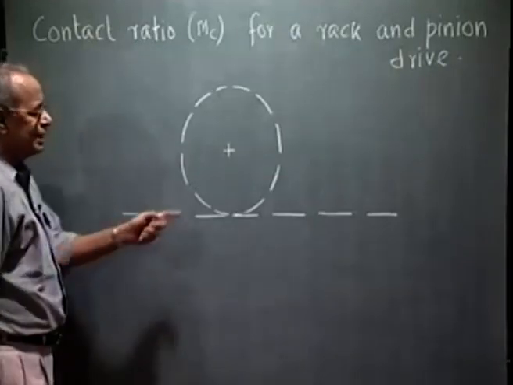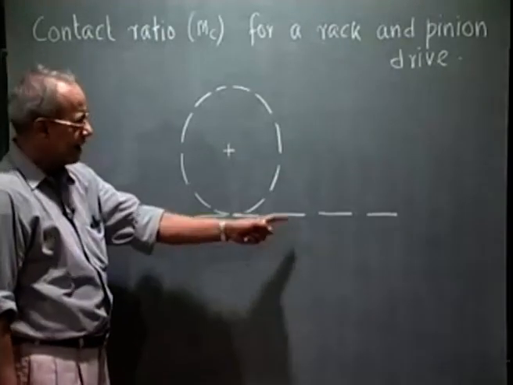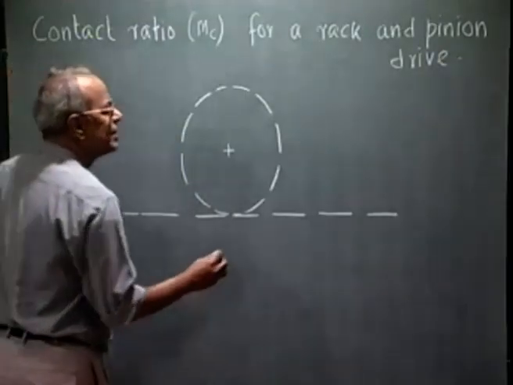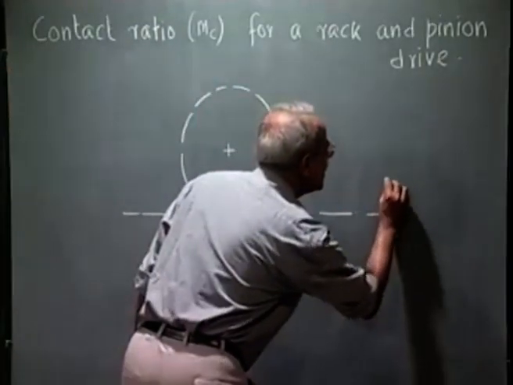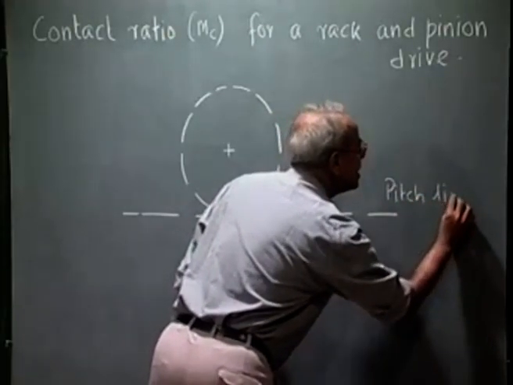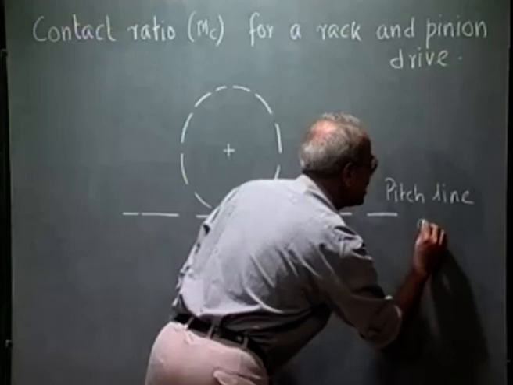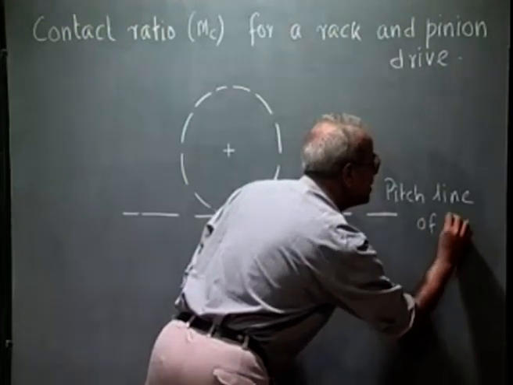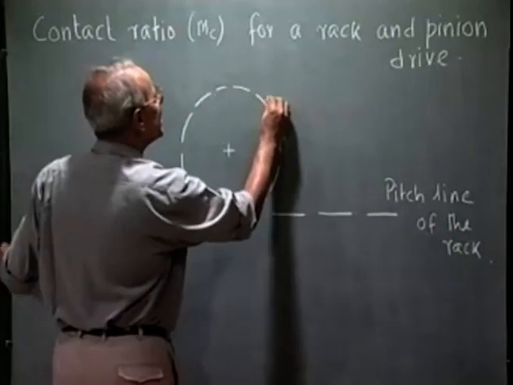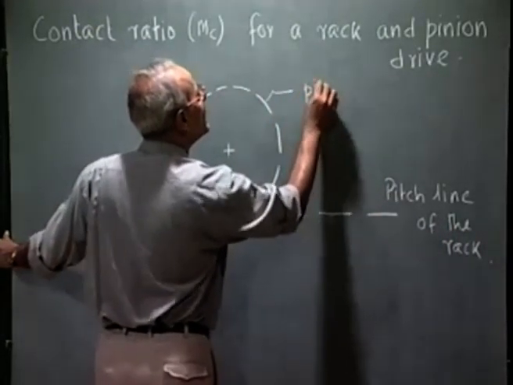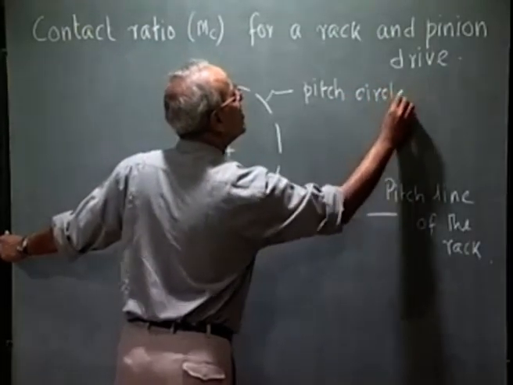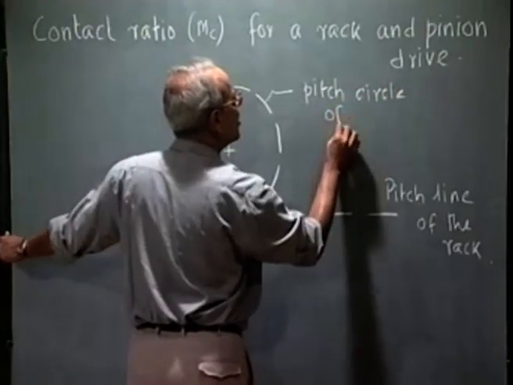Here again, the pitch line of the rack is a tangent to the pitch circle of the pinion. So, this is what we call the pitch line of the rack. And this is the pitch circle of the pinion.